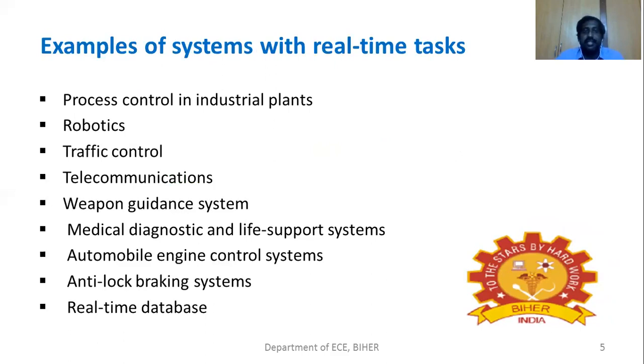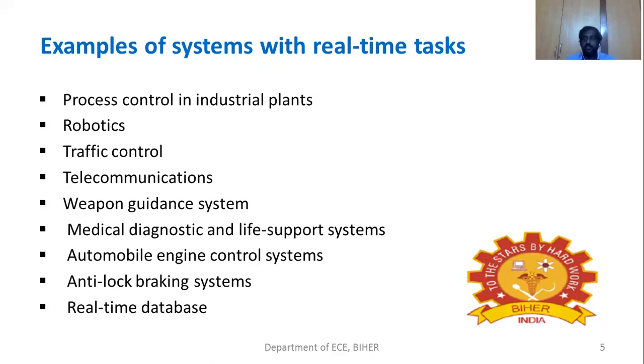These are examples of systems which use real-time tasks. First, process control in industrial plants. The industrial process is completely related to time. There are many sequential processes: the input of the second process depends on the output of the first process, and similarly the input of the third process depends on the output of the second process.